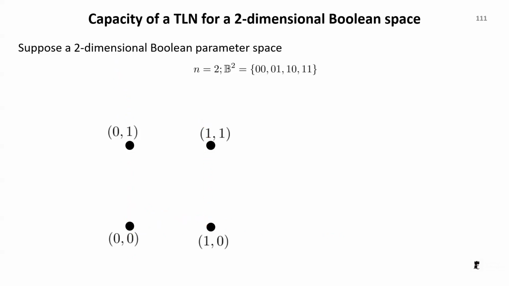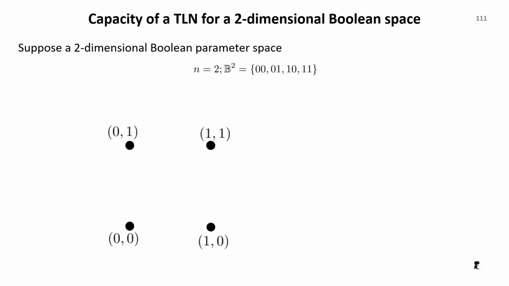So the dimension is 2. Because we have 2 dimensions, we can have 2 by 2 possible points. For Boolean dimension 2, that is all the combinations we have.